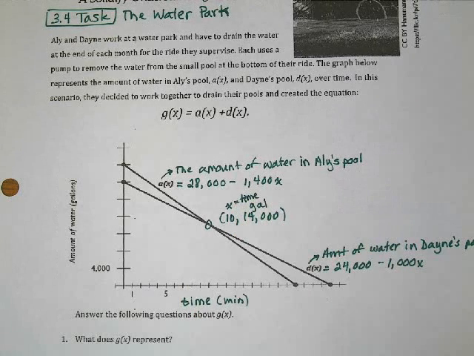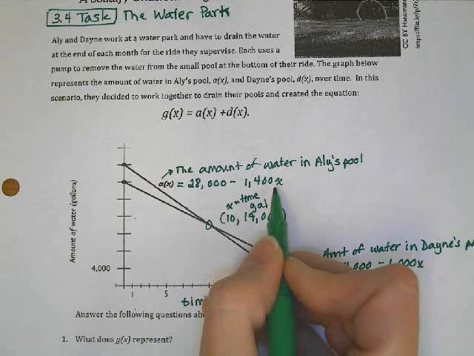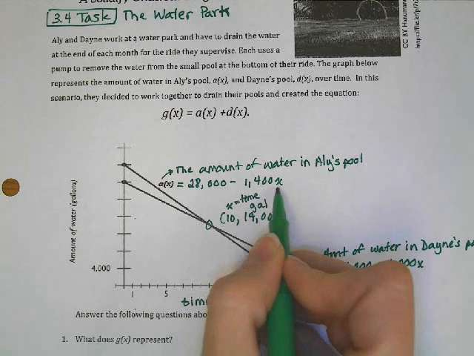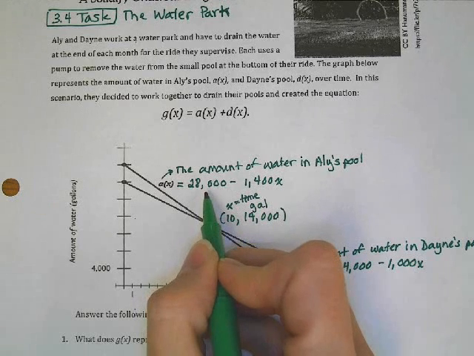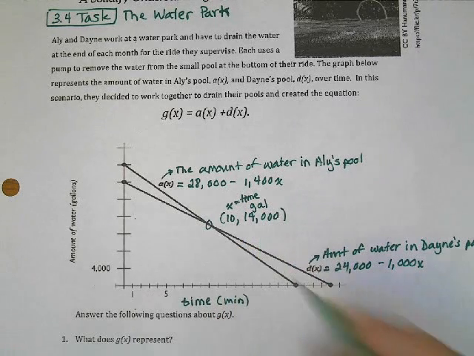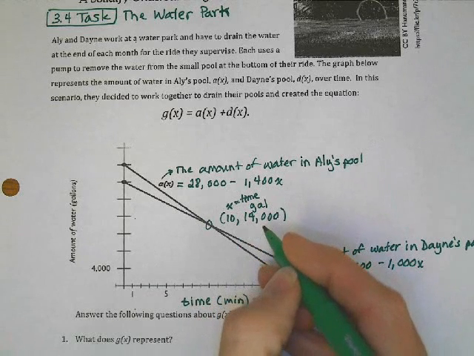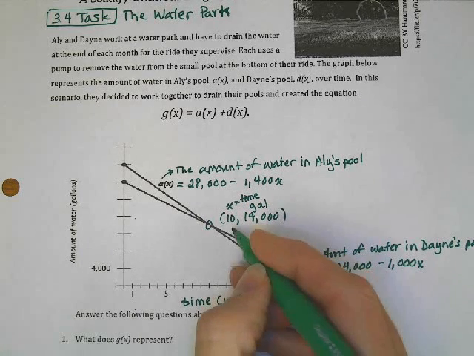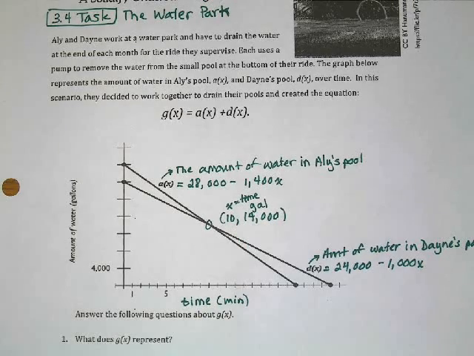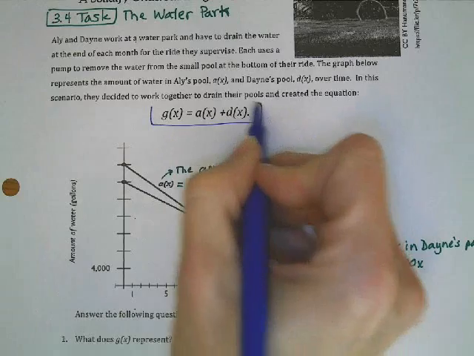Now, mathematically, we could convert, and then I subtract 28,000 minus 14,000, so I get 14,000 gallons remaining. But the big thing is we want to keep in mind that this means that each pool had 14,000 gallons in it at 10 minutes. So when we get to this new situation where we're talking about them combining their efforts to drain the pools and clean them, that G of X represents the total water in both pools.